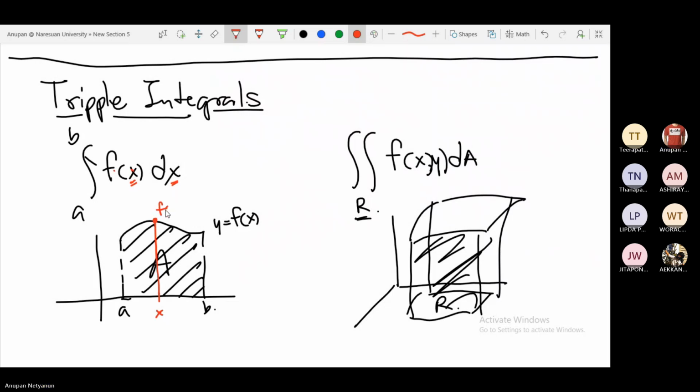You have x, you want to know the height of this point on this graph, you plug this x in here, you get f(x).